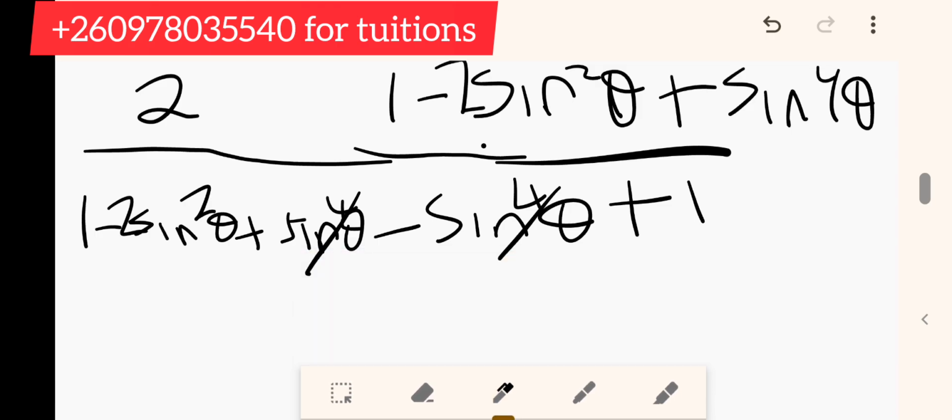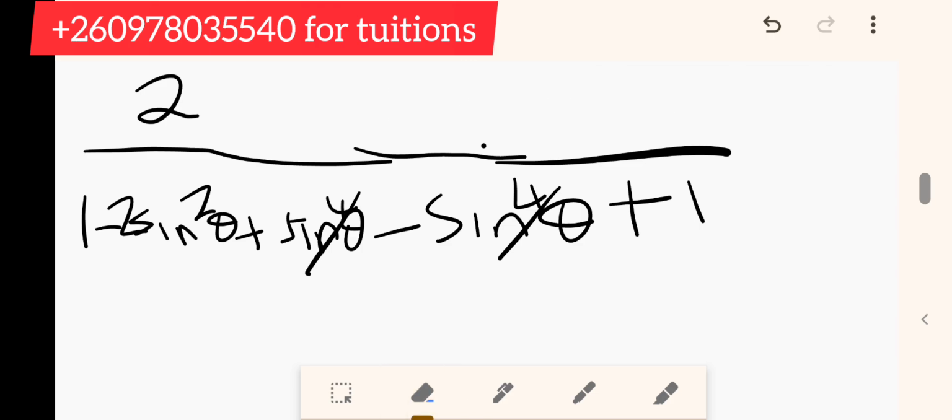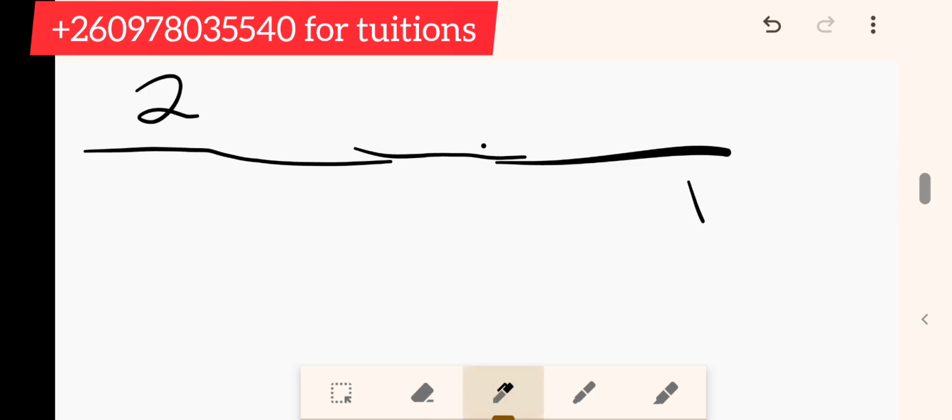So we're also seeing 1 plus 1, and 1 plus 1 equals 2. These two have gone. I've got 1 plus 1, which is equal to 2. So what we're going to have here is 2 minus 2 sine squared theta.